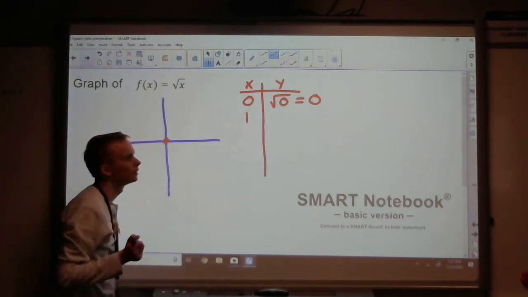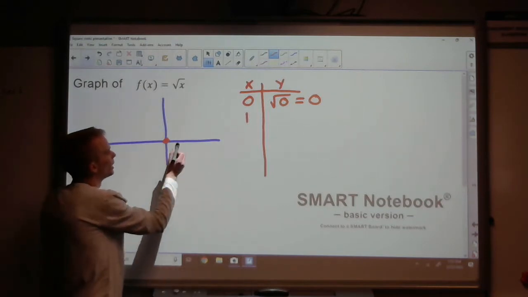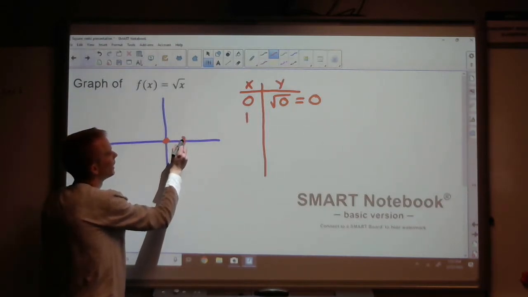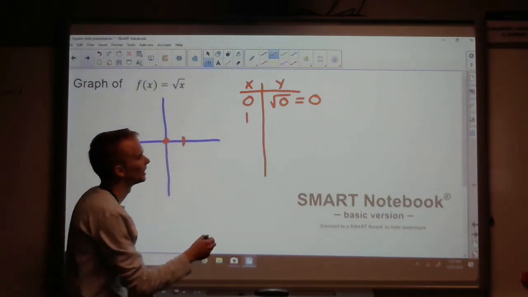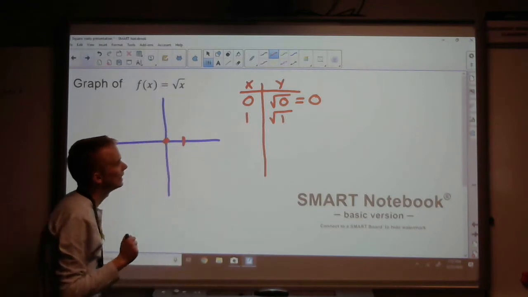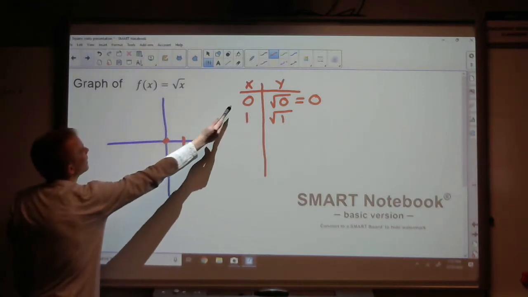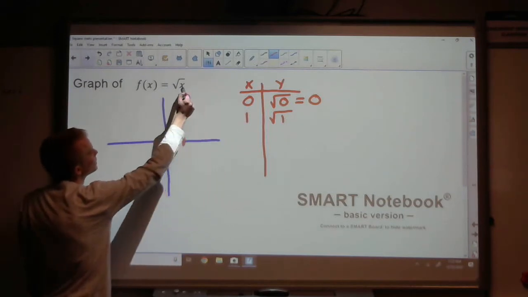Let's plug in positive 1. Okay? So positive 1 for my x value is here. Now we just want to figure out what y value I'm going to be at. Well, I go back to my equation, everywhere there's an x, I put a 1, right?